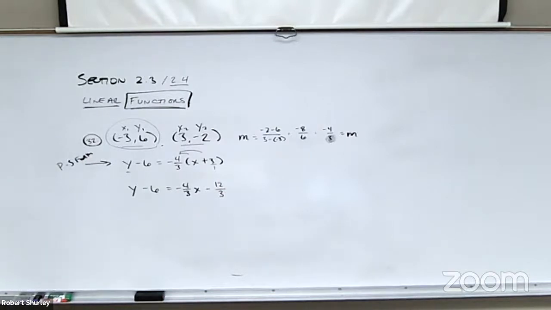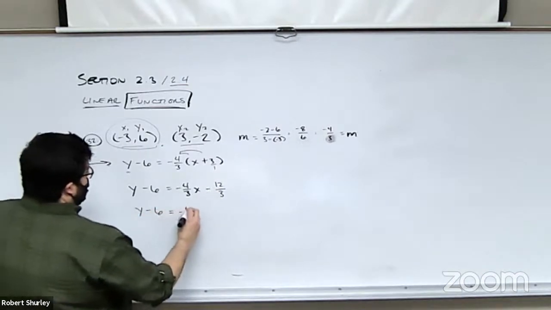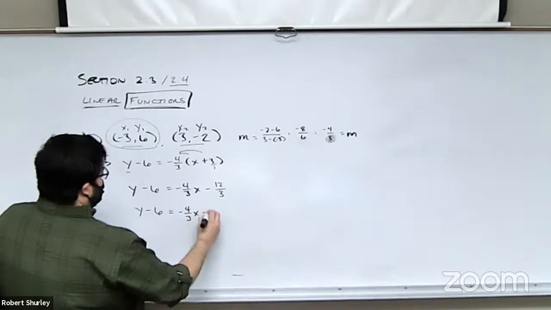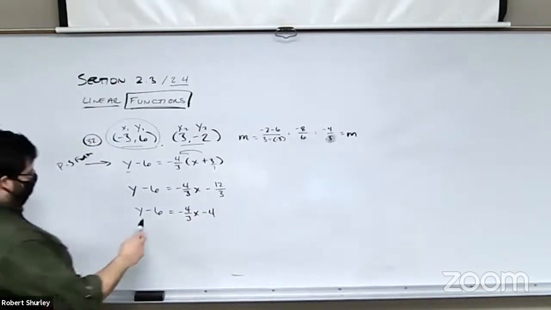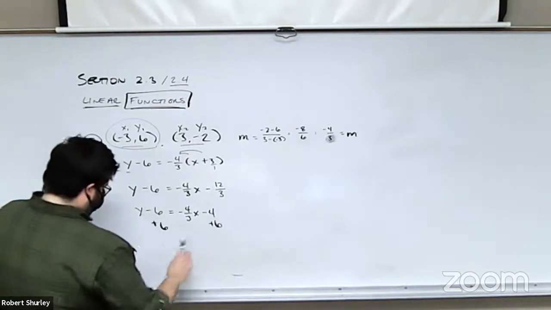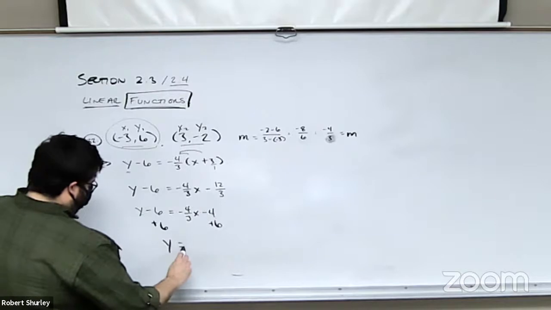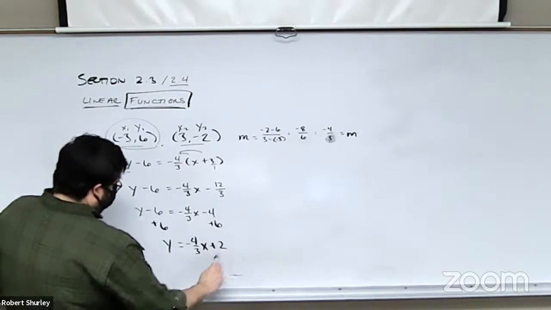I'm going to simplify that because it's just 4. So it's y minus 6 equals -4/3 x minus 4. And then the last step, I've got to add the 6 over. Remember, our goal is to get y by itself. So I get y equals -4/3 x plus 2.